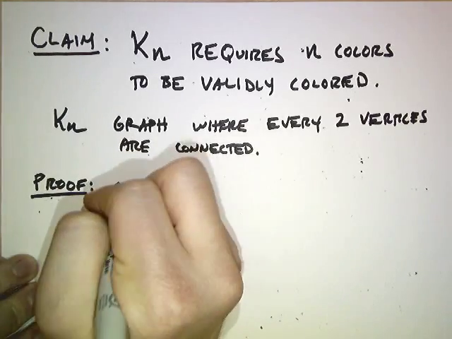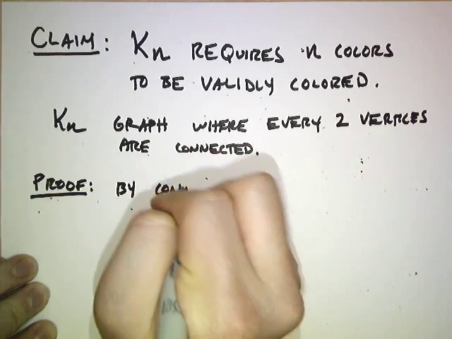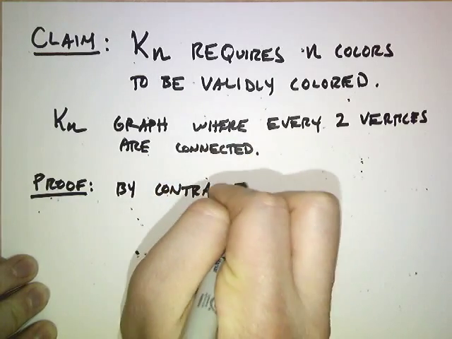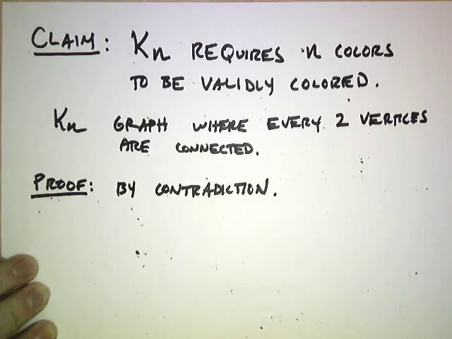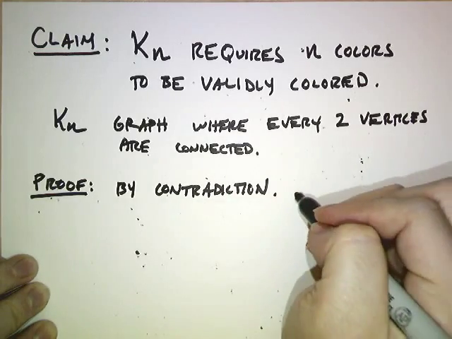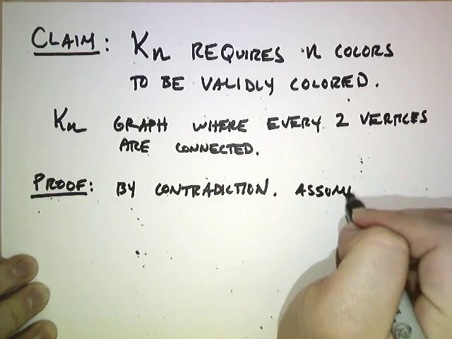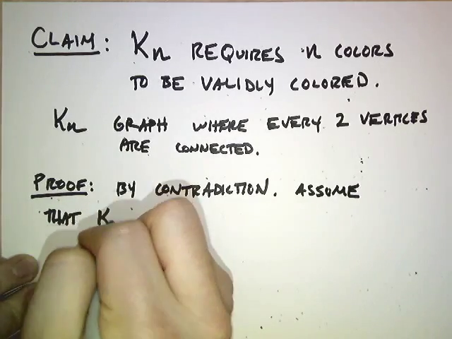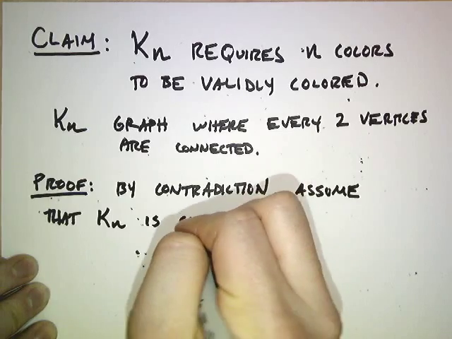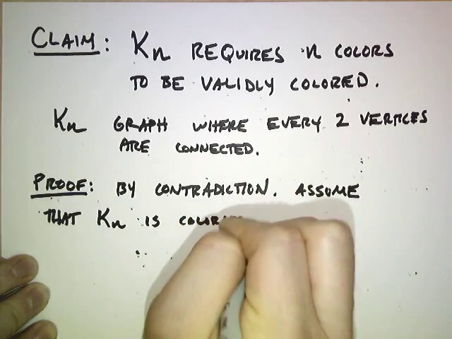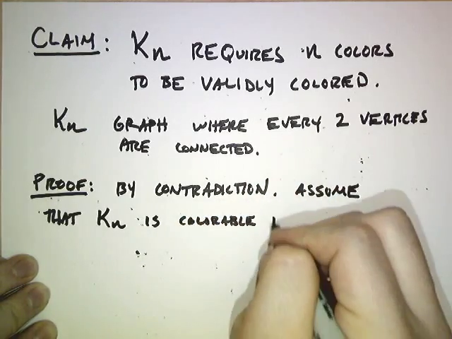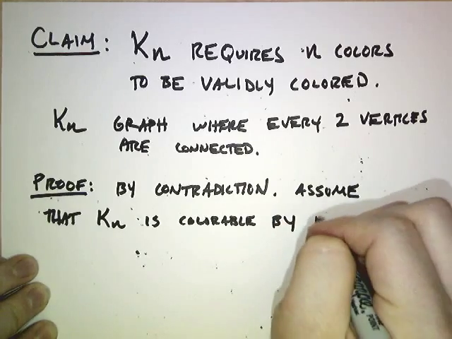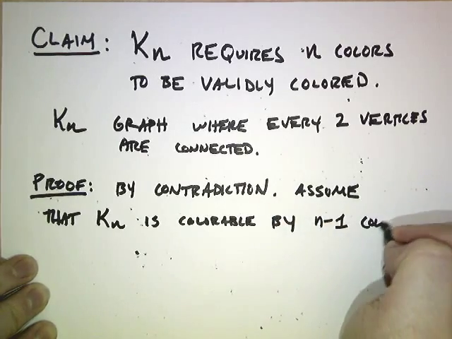The proof will be by contradiction. So let's assume that Kn is colorable by, say, n-1 colors.